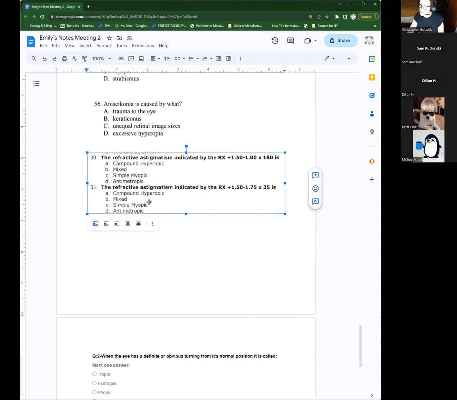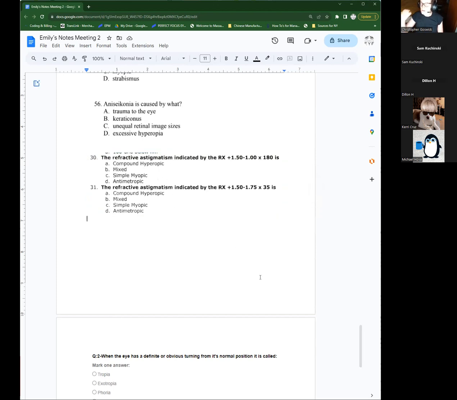So this one is mixed astigmatism. But this one, when we did this out, was compound hyperopic. Both powers in the lens would be in the hyperopic zone. That's where the optical cross really comes in handy. So this is what those tricky astigmatism questions look like. They've taken me a while to get a handle on. Sometimes you think, yeah, I get this, but you really have to have a method for figuring it out. You can't really just look at it and do it.